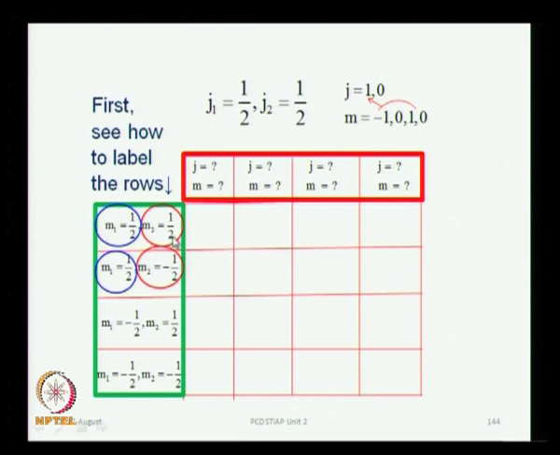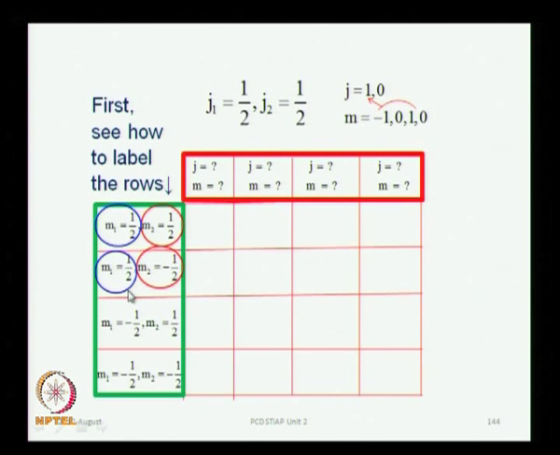So, the first row is M1 M2, both having their highest value, which is half. So, for M1 equal to half, what is the maximum value of M2? That is half. Then what is the next value of M2 for the same value of M1? So, the next row is labeled by M1 equal to half and M2 equal to minus half.